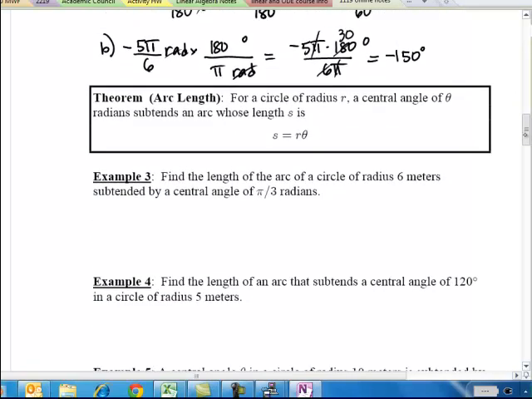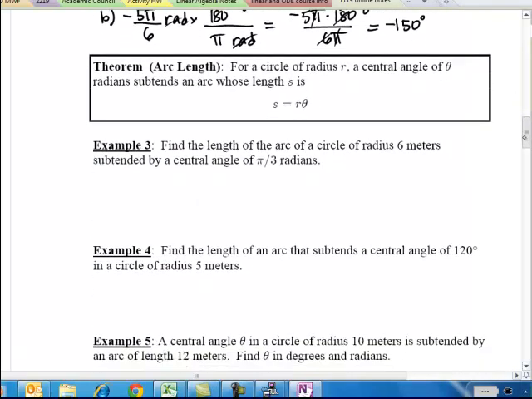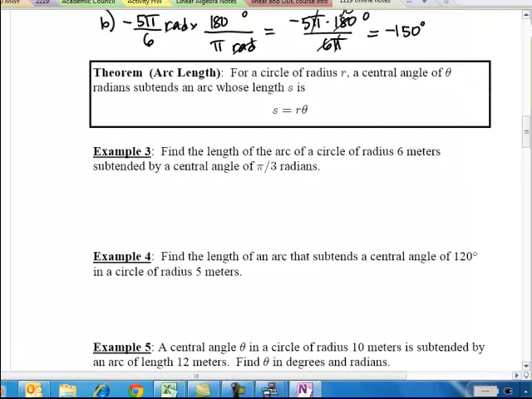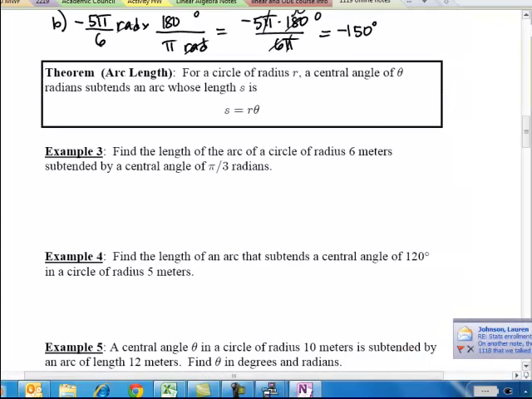Alright, then what we want to do is develop a formula for the length of an arc that's subtending a central angle of theta radians. Let's see what we can do here. So the picture we're thinking of is we've got a circle of radius r.